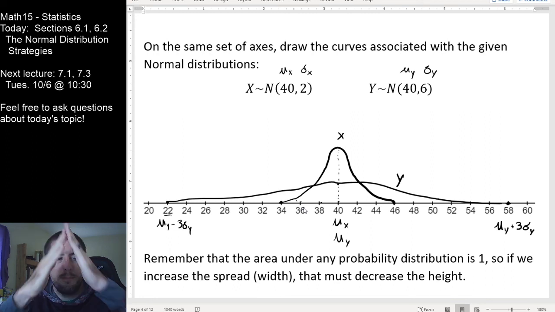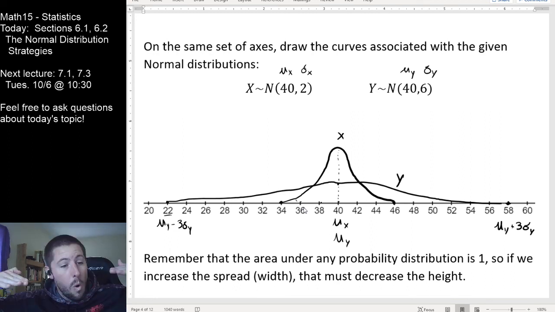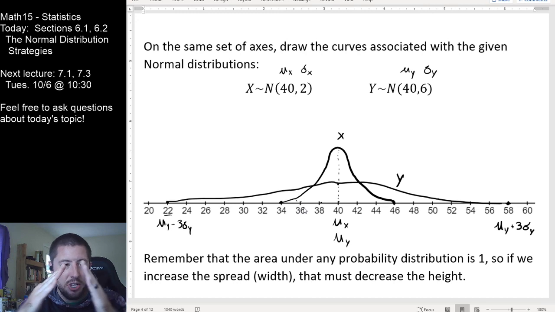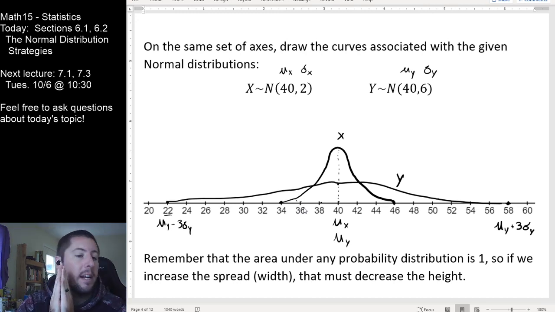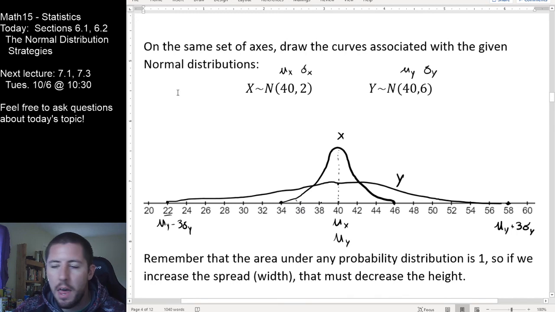It's spreading out our probabilities, or if we have tiny standard deviations, it's packing all of our probabilities very close to the average, saying you're not going to deviate from the average hardly at all if you have a small standard deviation, and therefore almost all results should be very, very close to the average. All right? So some comparative graphing with these is a good thing to visualize for yourself.